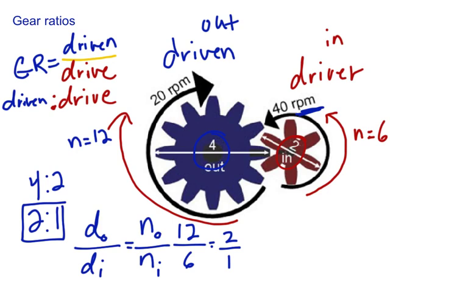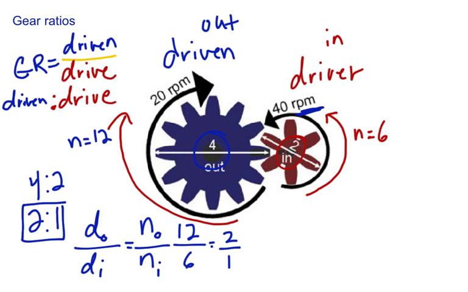So this red one will spin around twice in the same amount of time that the blue one spins around once. If you watch the teeth go around, you'll see that's the case. The red one goes around twice every time the blue one goes around once.